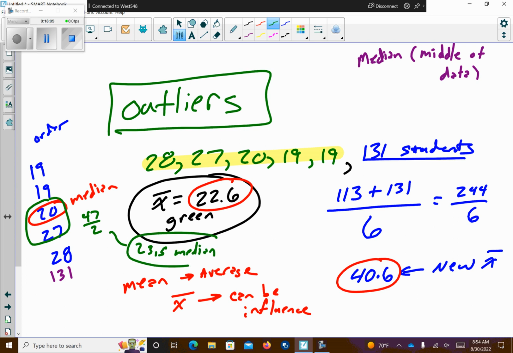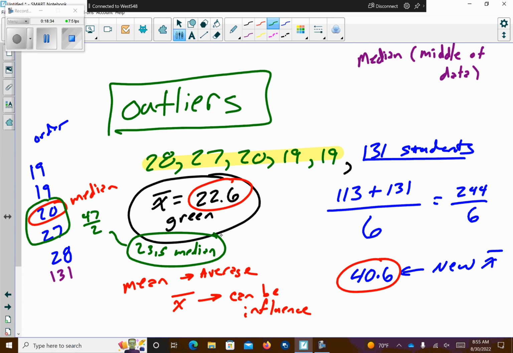So does it appear my median, I agree, is different than my original? My original median was 20. When I added one more piece of data, I take the 2 middle values, add them together, divide by 2, and I get to 23.5. Did that 131, did that actual number influence that median? Or did it just give me an additional number to find the middle of my numbers?